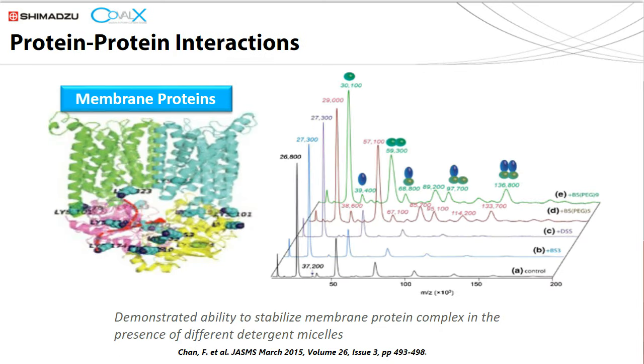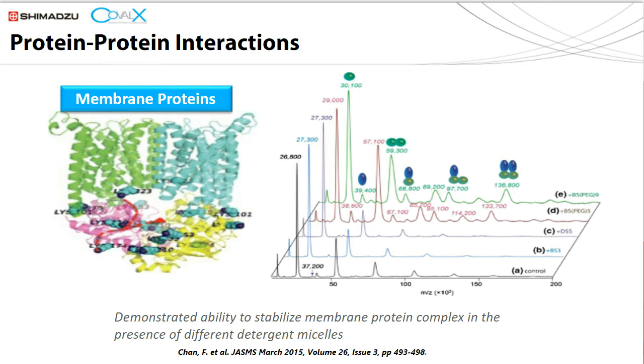Membrane proteins are obviously of interest, and we've seen a great degree of interest in analyzing these types of samples. The main concern that we often address with membrane proteins is solubility. If the samples can be solubilized, then it is potentially possible that we can measure these complexes.